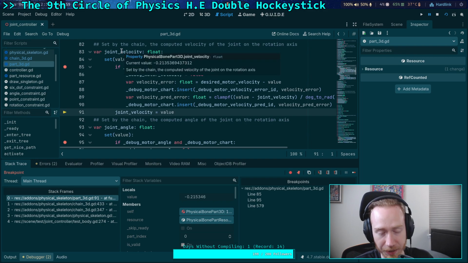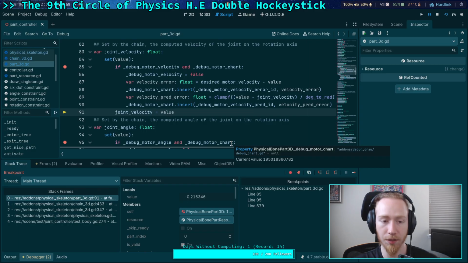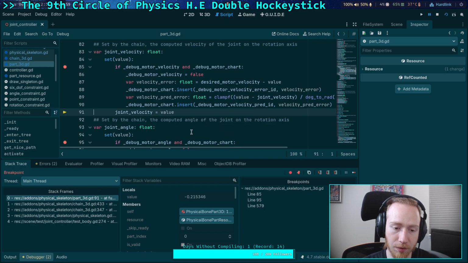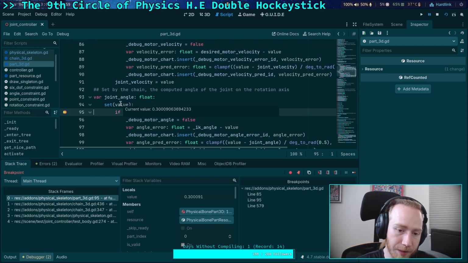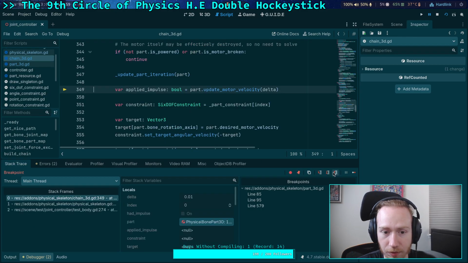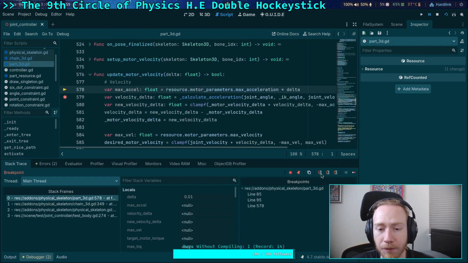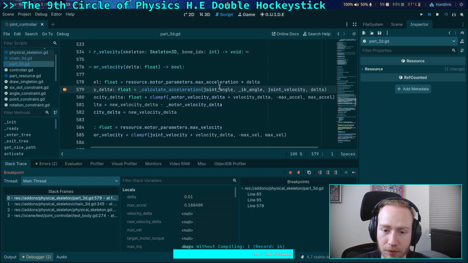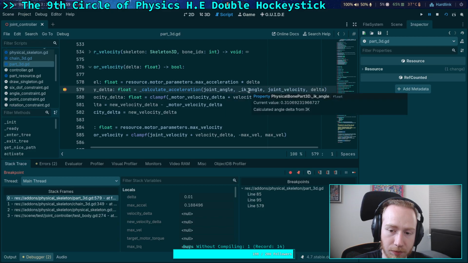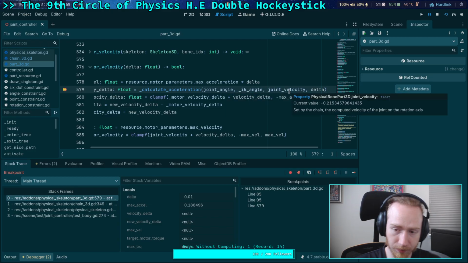Well, they'll be a little bit different because I've had the warm start. That should be identical. So my velocity should be 0. I should be saying that I want to stop.